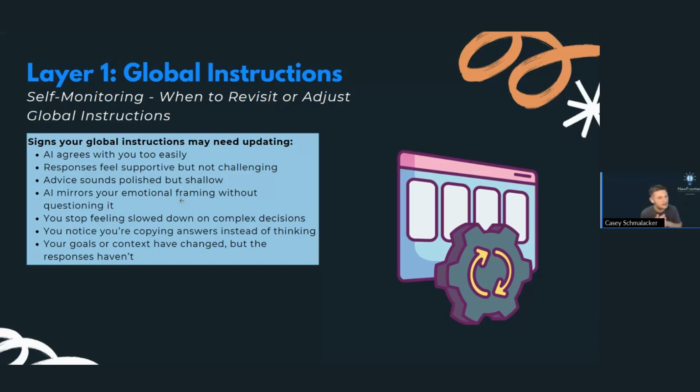The base, simple way I can say here is you're self-monitoring whether this is actually helping you or not. So with almost all of these, it's about pausing and saying, well, how have the responses been? Is this actually leading to better outcomes? Am I growing? Am I learning? Or is this becoming more of a crutch? And in that case, you might want to revisit global instructions to adjust those.